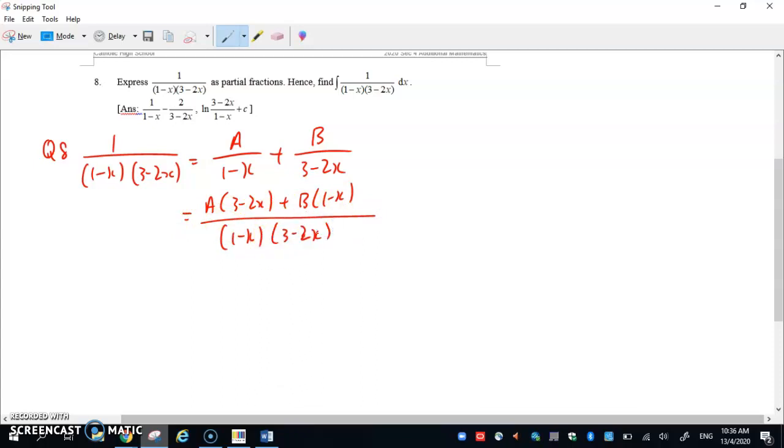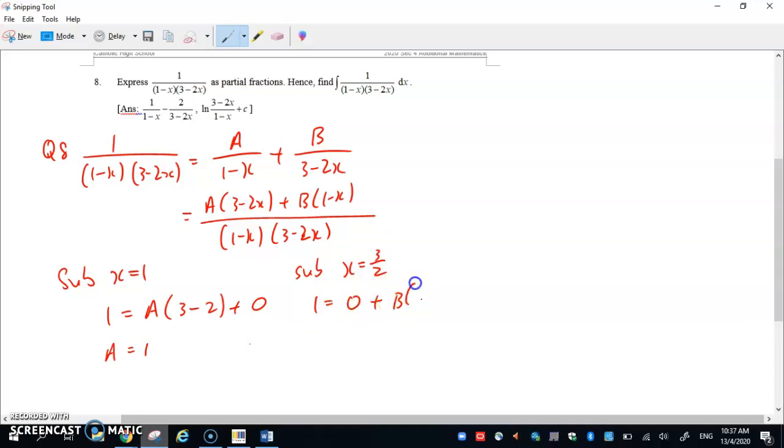Using suitable substitutions, sub x equals 1, and what you get is 1 equals a(3 minus 2) plus 0, so a equals 1. Sub x equals 3 over 2, and what we get is 1 equals 0 plus b(1 minus 3 over 2), so b equals minus 2.